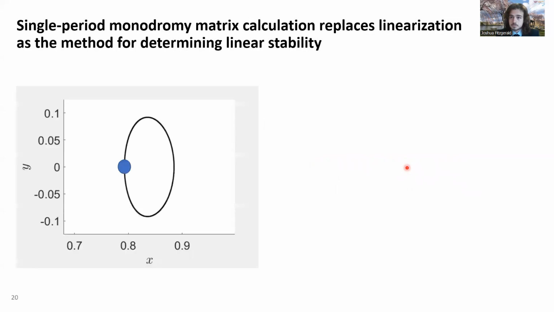So linearization is not going to be suitable for dealing with periodic orbits. So what are we going to do? We'll use a technique called monodromy matrix calculation. And monodromy matrix calculation is a technique for determining the linear behavior in the vicinity of the periodic orbit after one cycle through of the perturbation.